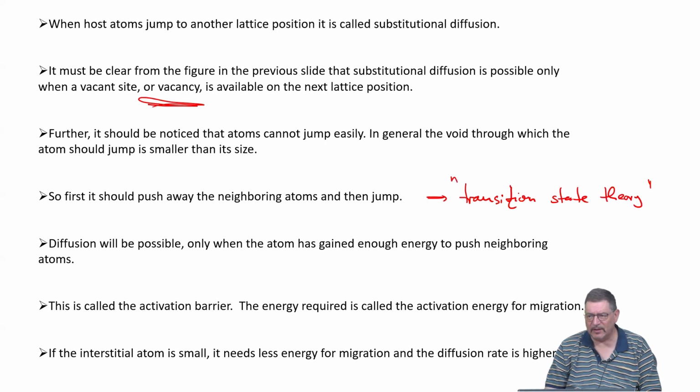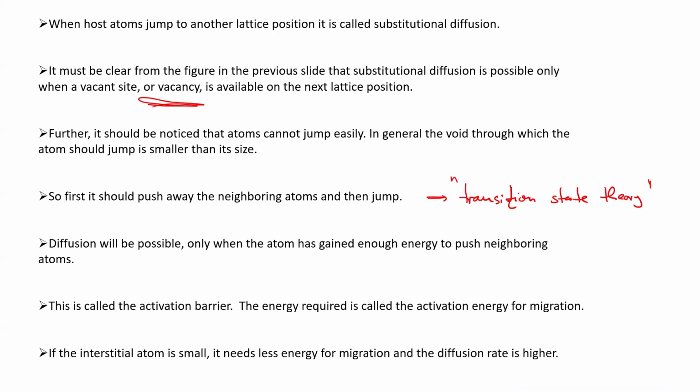And transition state theory is used whenever you have an energy barrier that is large compared to kBT.